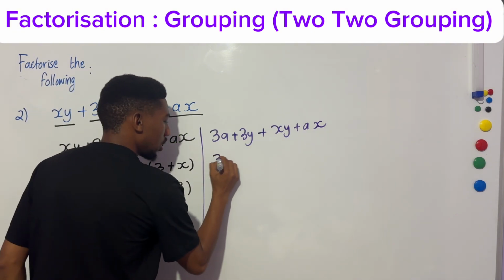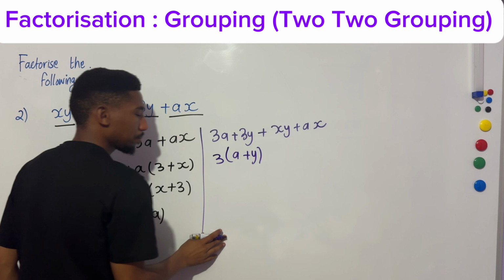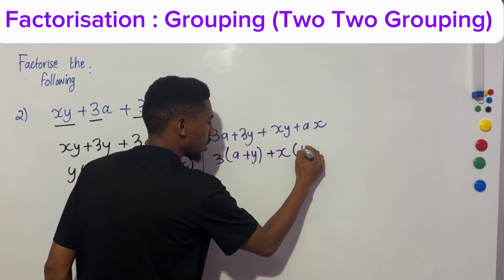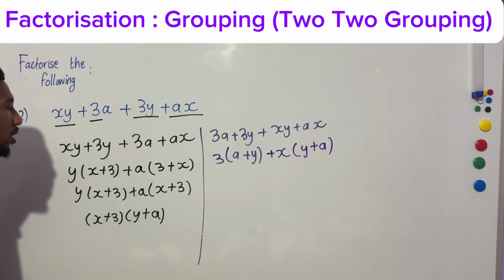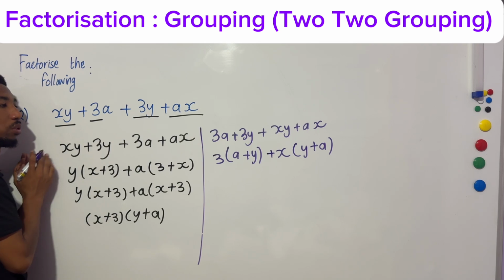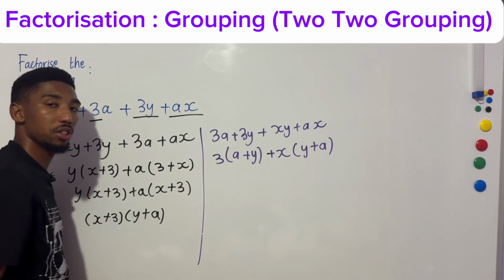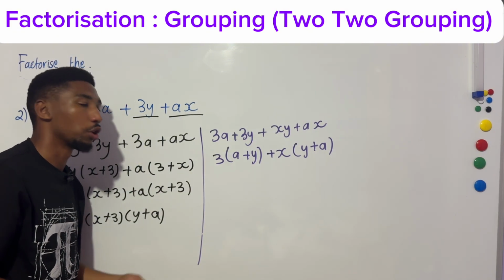My common factor there is 3, and we have a plus y, and our common factor there is x, and it's y plus a. Now keep in mind that over here I grouped different two terms with common factors. The word variation means a different route we can take.